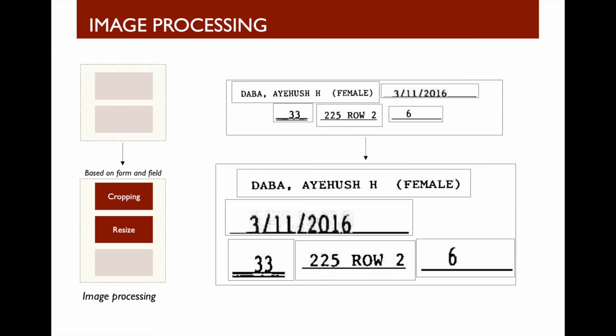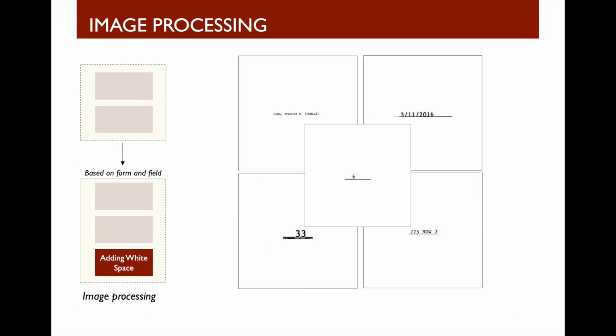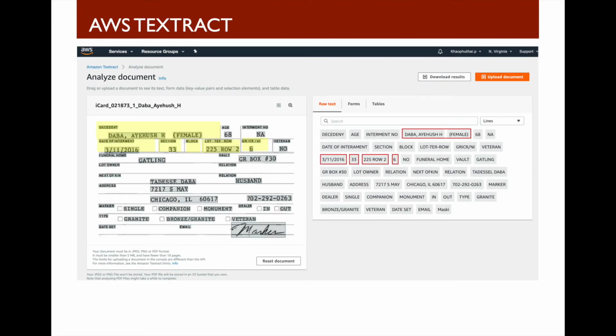Adding to that, one more additional task is adding white space to the image, which pads the images with white pixels and makes them square. After these two image processing tasks, the image is passed to AWS Textract.